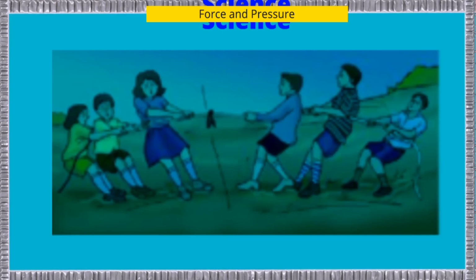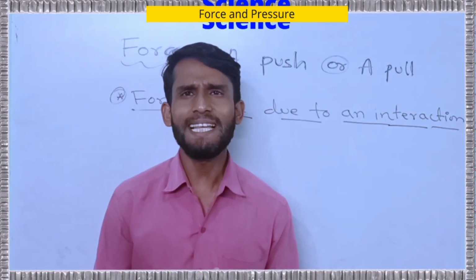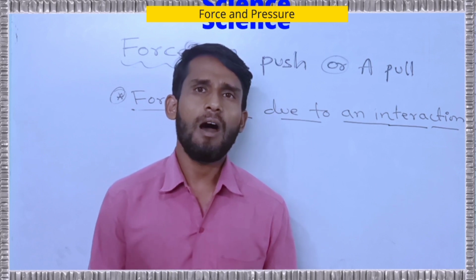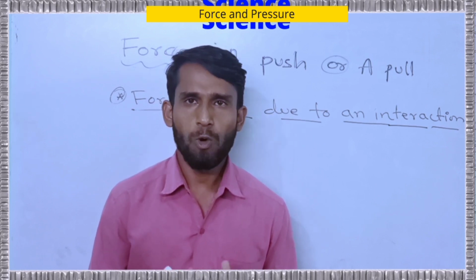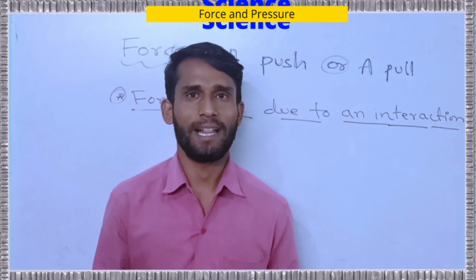Dear students, this is the tug of war game. In this game, two teams pull in opposite directions. The team that pulls more strongly wins finally. I hope you have seen and played the game of tug of war.